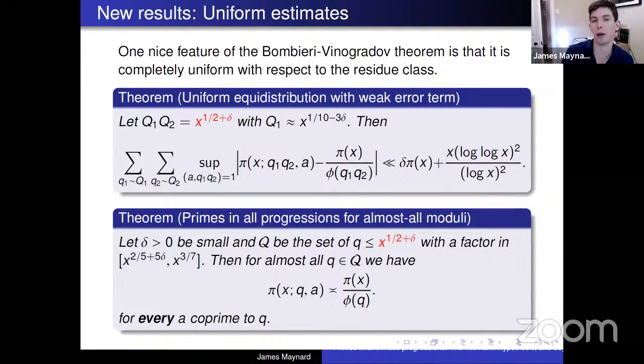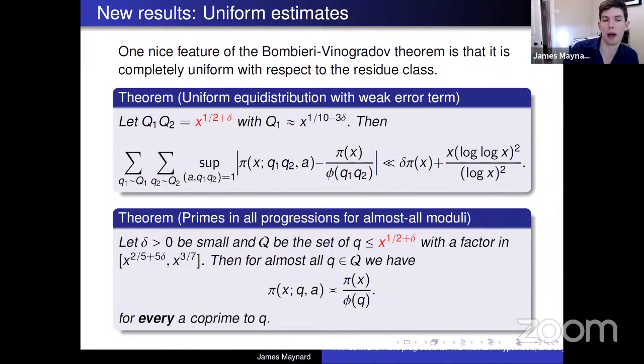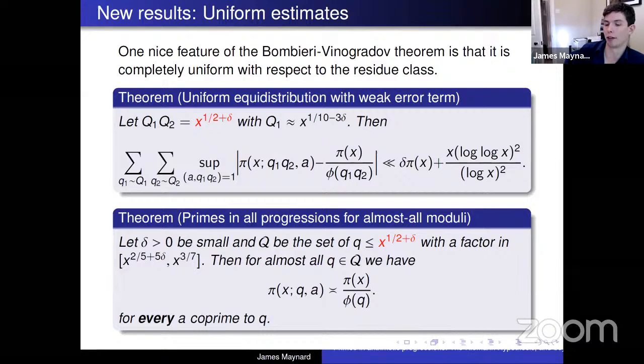And my results have fewer technical assumptions on the nature of the arithmetic progressions that we're looking at than was previously known, and so we're able to handle a wider class of arithmetic progressions going beyond this Riemann hypothesis range. So again, this is closer to the dream challenge of being able to handle all moduli which are a little bit bigger than x^(1/2).